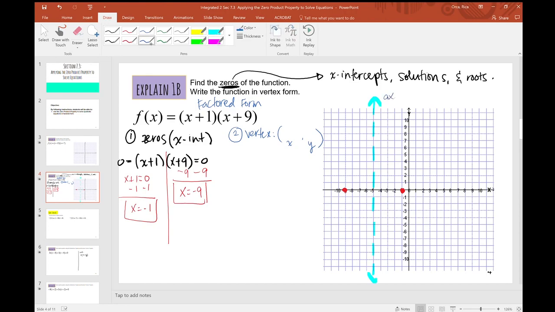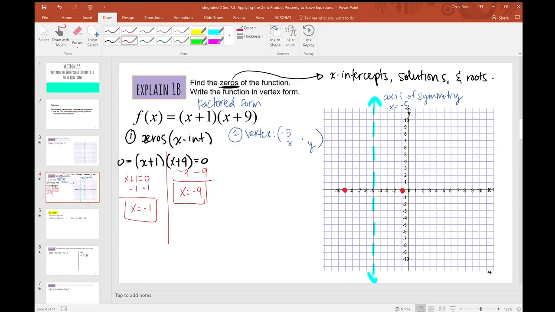So the axis of symmetry is at x equals -5. So we know that the vertex is going to be somewhere along the axis of symmetry. We also know that the x-coordinate of our vertex is at -5.